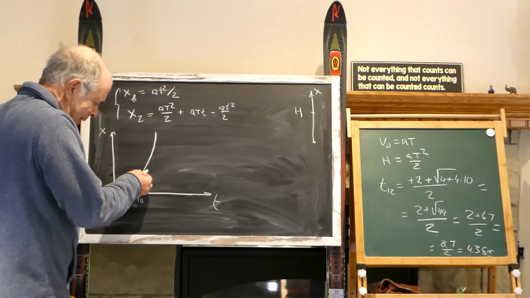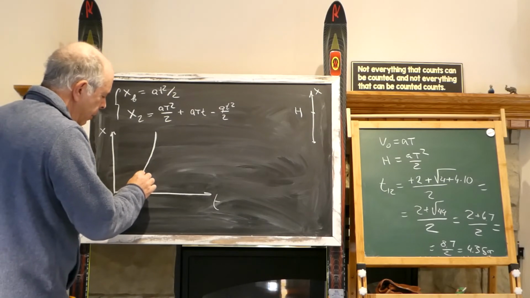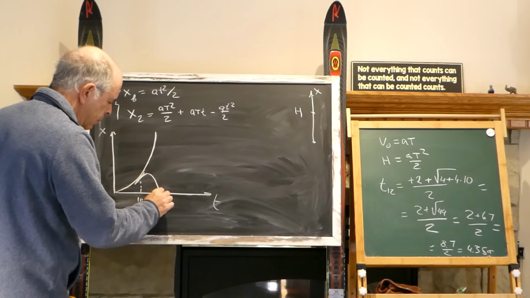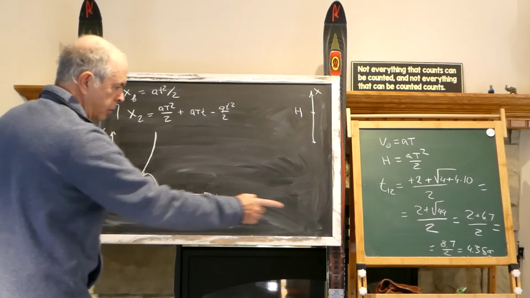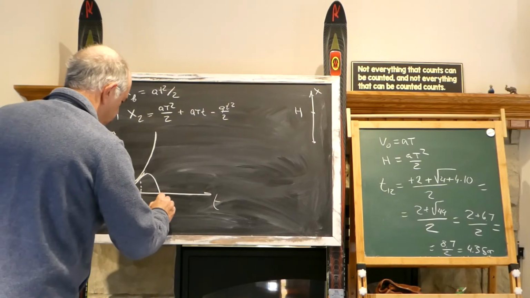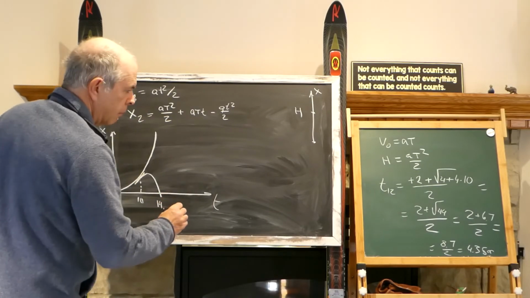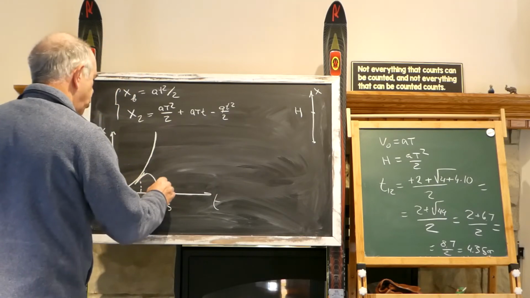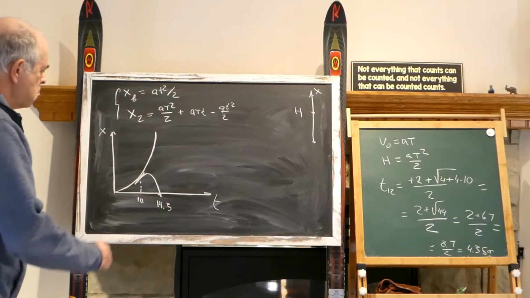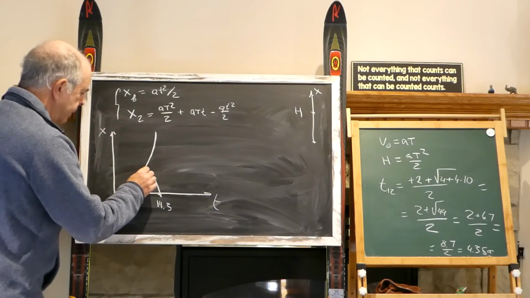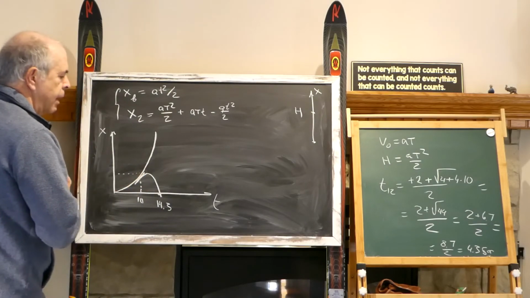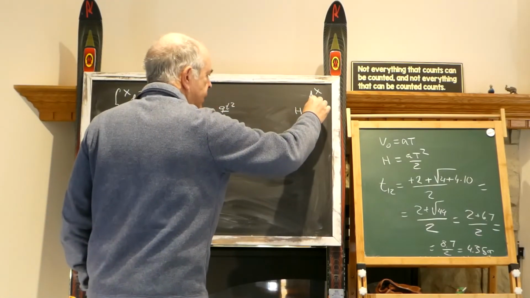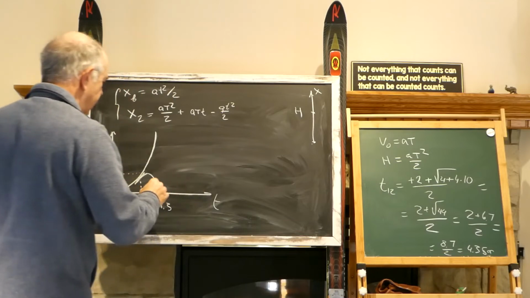So the tangent would be the same, but the parabola would be directed downwards. And when the time is 14.3 seconds, this body will be here. So it will go up, it will have some maximum height, so it will go up a little bit, then stop, and then go down.